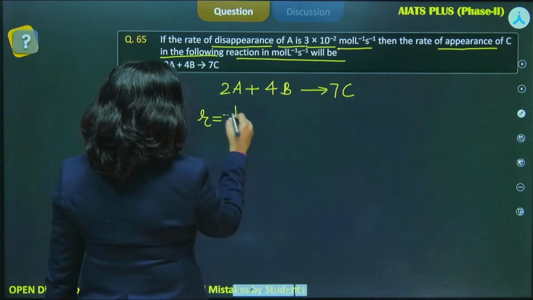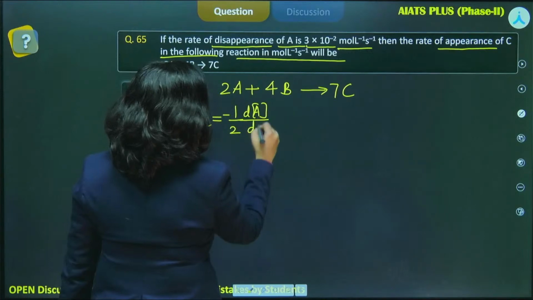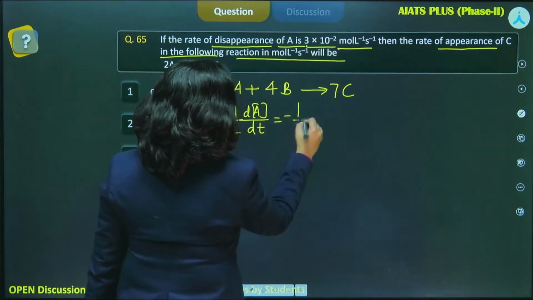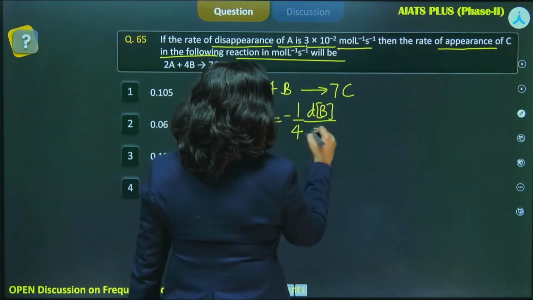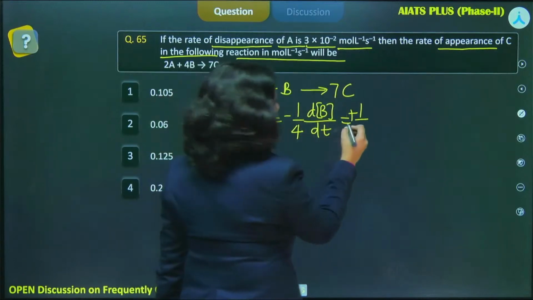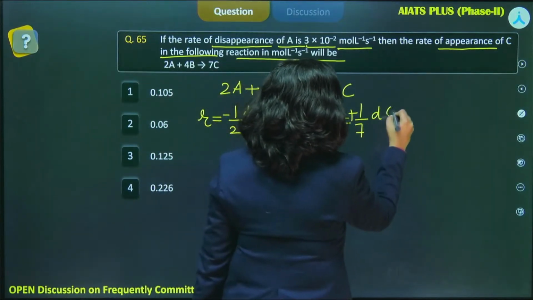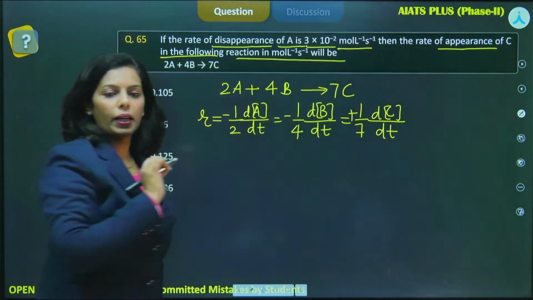It would be minus 1 by 2 dA by dt equals minus 1 by 4 dB by dt, that is equal to plus, because this is a product, 1 by 7 dC by dt. This is the simple thing, right?